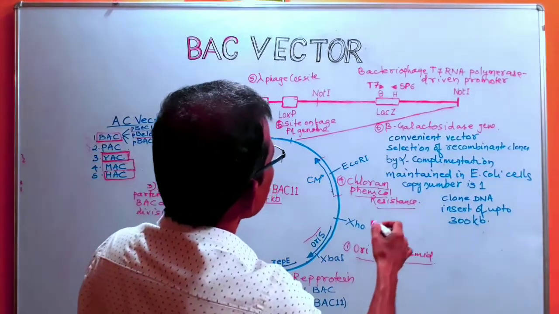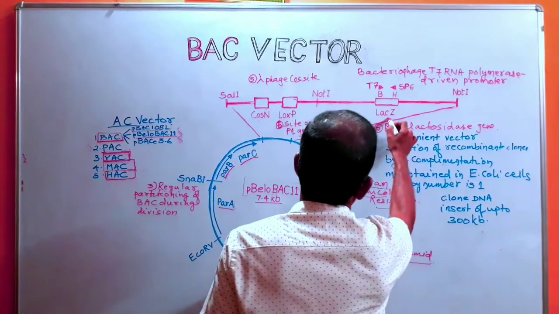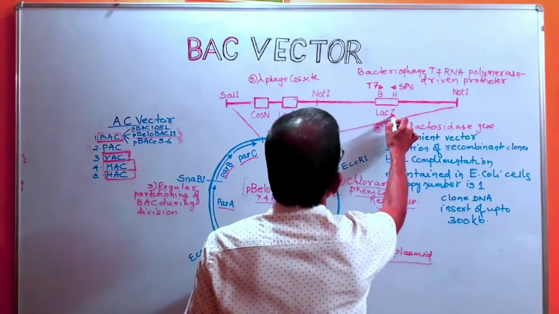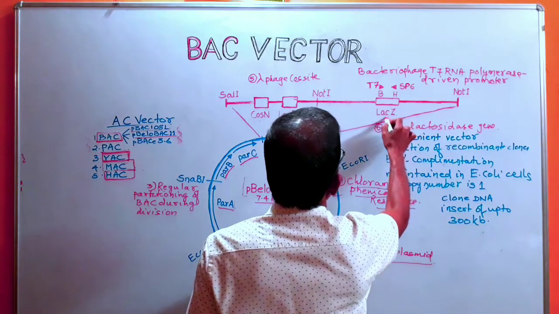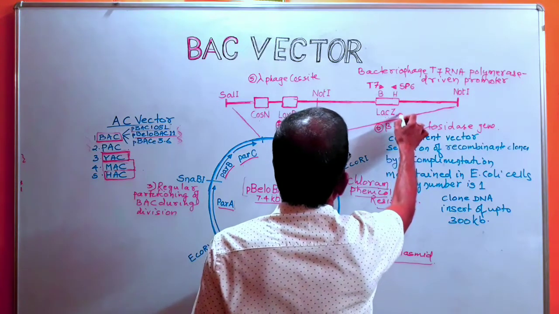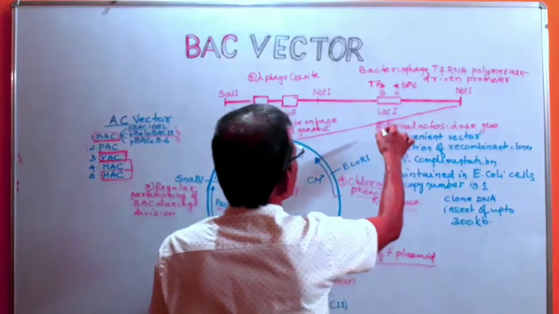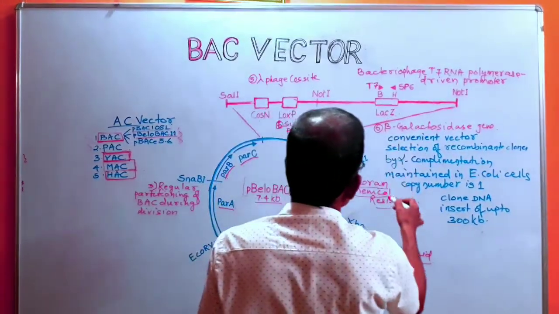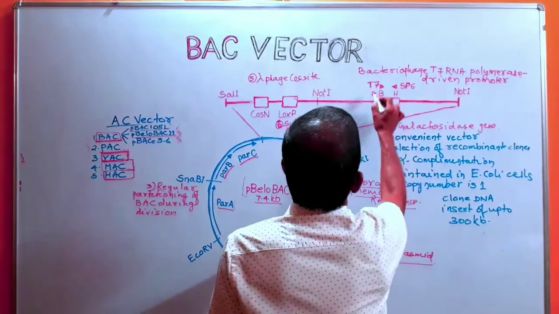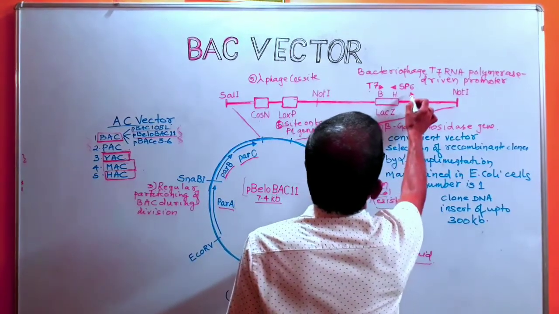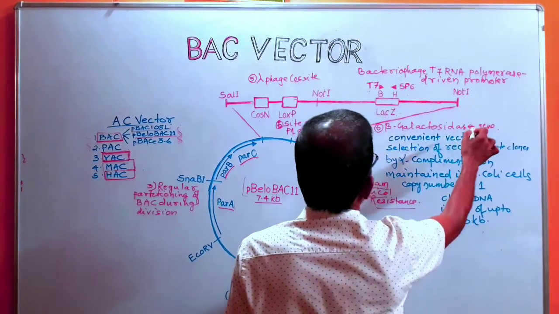And the last functional module is lacZ. So lacZ is another functional module that codes for the N-terminal segment of the enzyme beta-galactosidase. And other functional modules are T7 and SP6 RNA polymerase driven promoters.